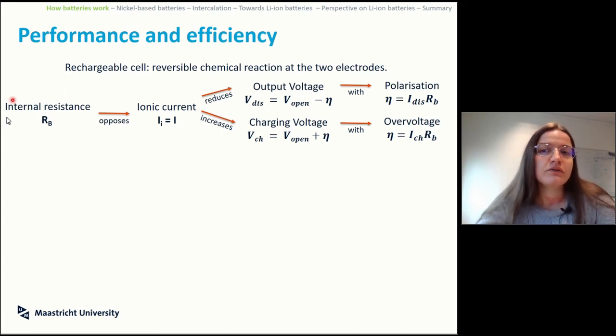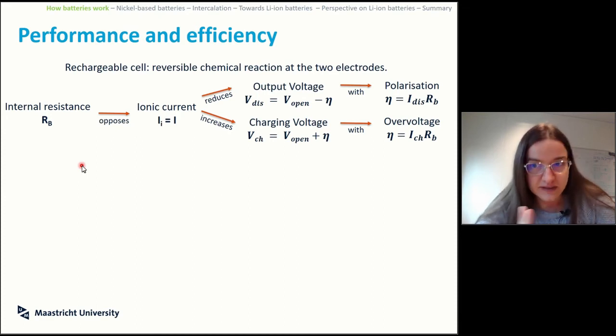So what is the general flow of this thing? The flow is that regardless of whether you have charge or discharge, there will be an internal resistance of the battery to the current that is going through, right?